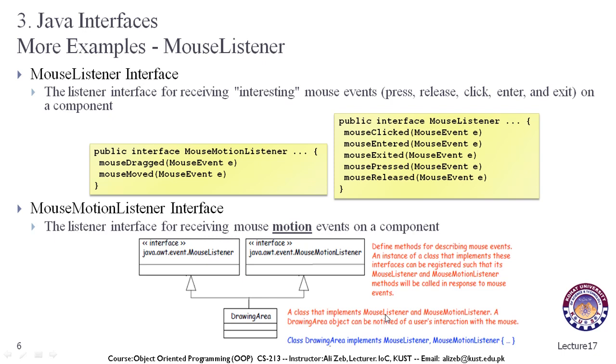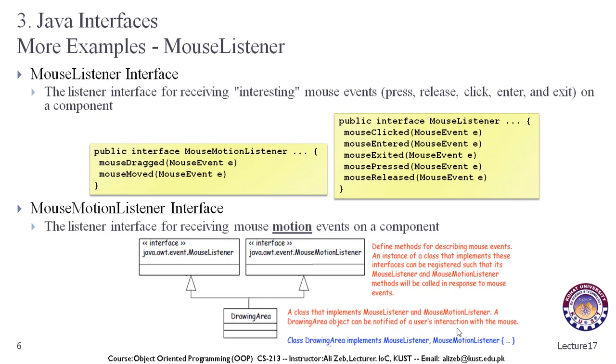A class that implements mouse listener and mouse motion listener: a drawing area object can be notified. Now this is a class that implements these two interfaces. A drawing area object can be notified of a user's interaction with the mouse.